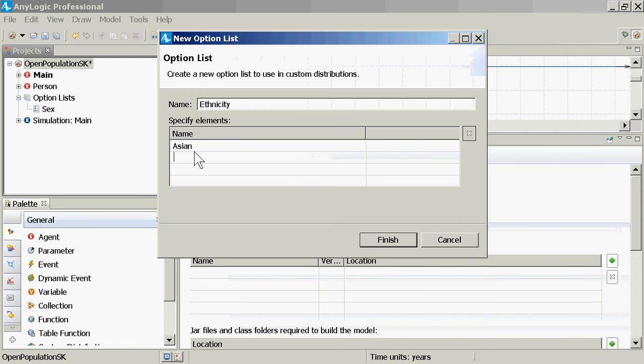Okay, Asian, African American, and then we'll have Maori. Okay, African American. We can't do it as dashed. Sorry, African American. And then let's do Maori. And then let's do First Nations. And then let's do Caucasian. Okay, Caucasian.